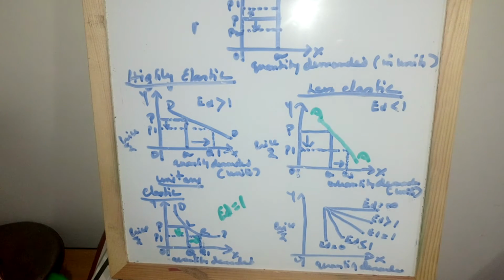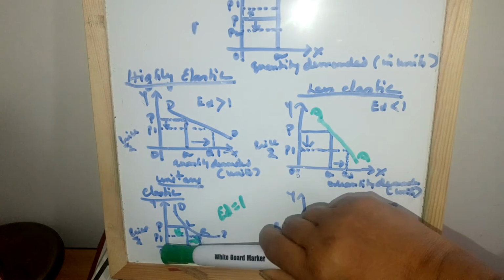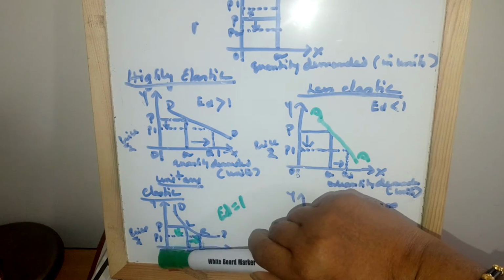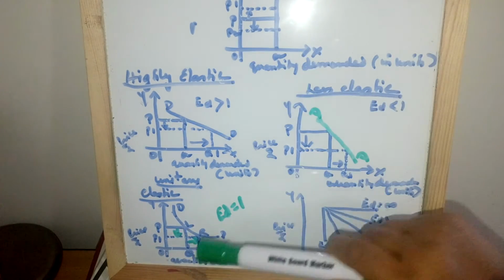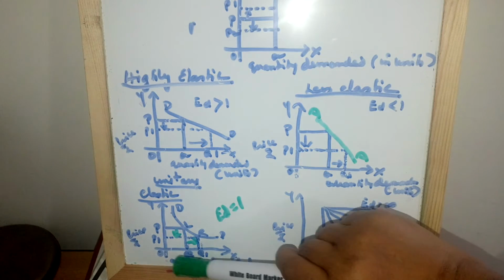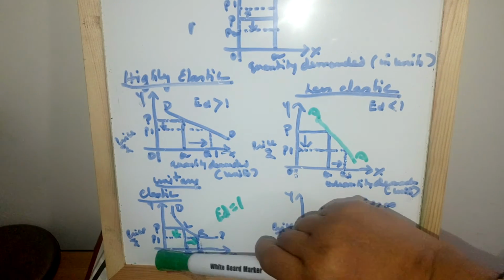Now next we will see unitary elastic. So in unitary elastic you find the price comes down from OP to OP1. The quantity demanded increases from OQ to OQ1.